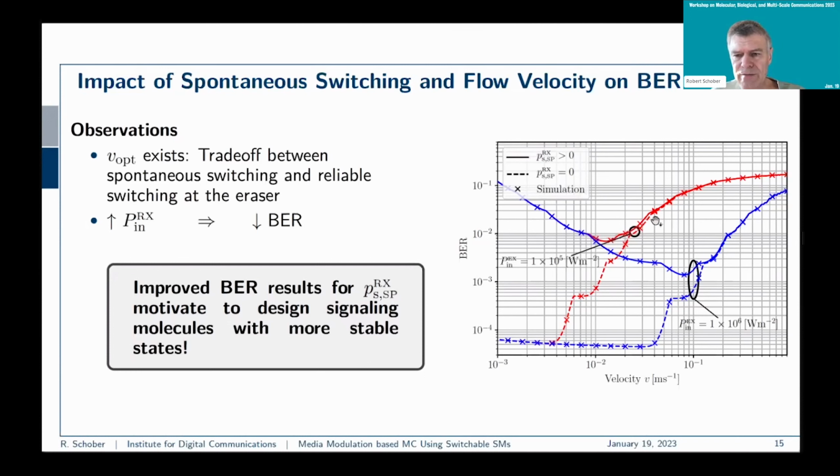On the other hand, if your velocity is too high, then there will not be a lot of switching, but the problem is that at the transmitter, your molecules will not spend enough time in the area of the transmitter, so the modulation process becomes more random, right? So you will not be able to switch enough molecules to get reliable transmission, and therefore there's an optimum velocity.